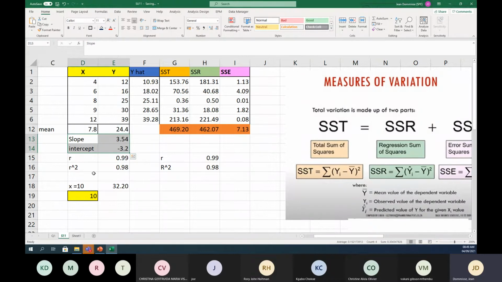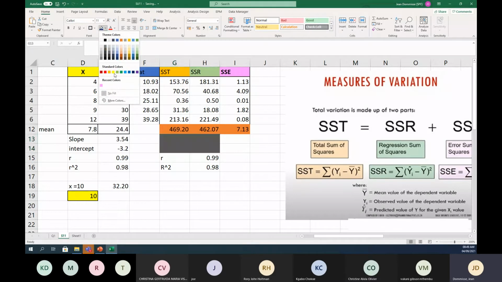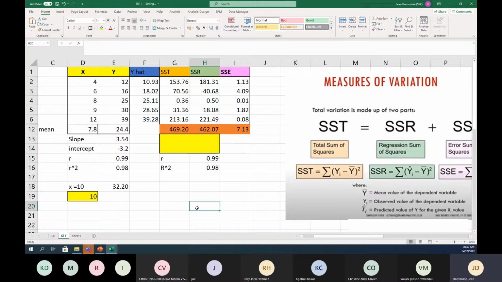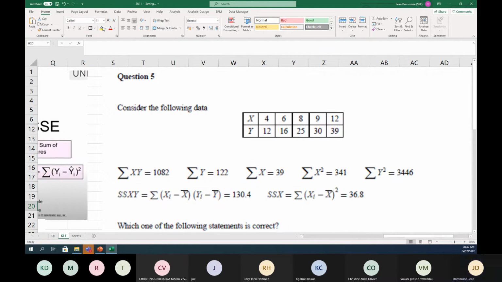I also want to add the formulas they give you if they don't give you the data. I will build that in this morning or during the day, so that you have a full picture if they basically give you the sum of x, y, and they don't give you the data.